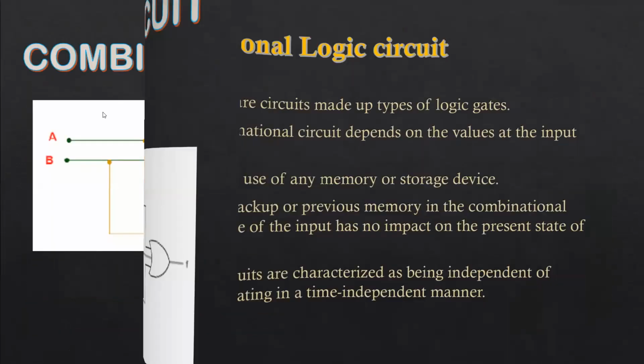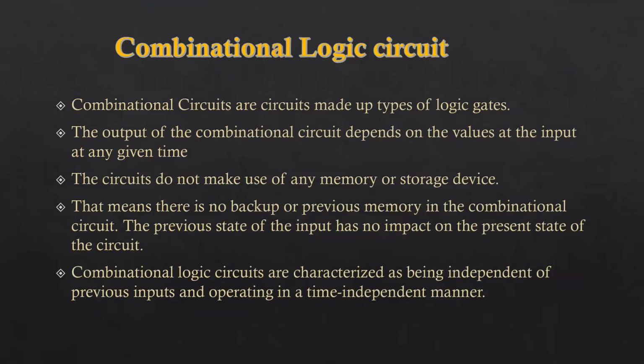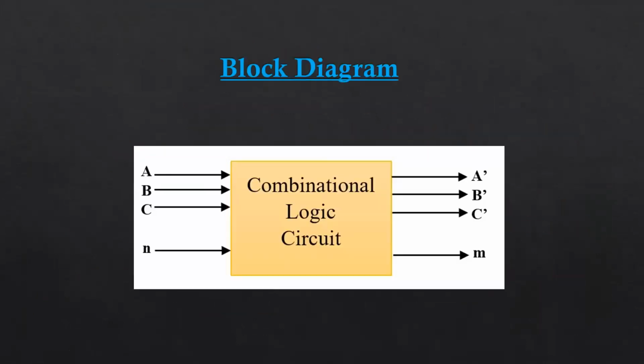Now, let's see more about combinational logic gates. Here you can see the block diagram of the combinational logic gates. We are giving many inputs like A, B, C up to n number of inputs. And here we will receive outputs as A bar, B bar, C bar up to m.